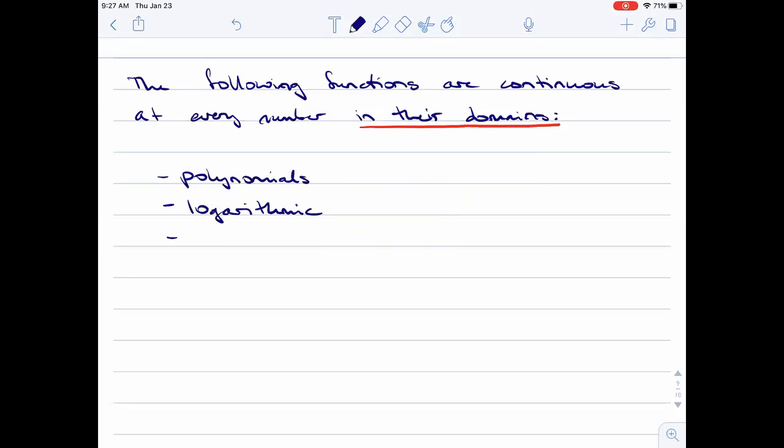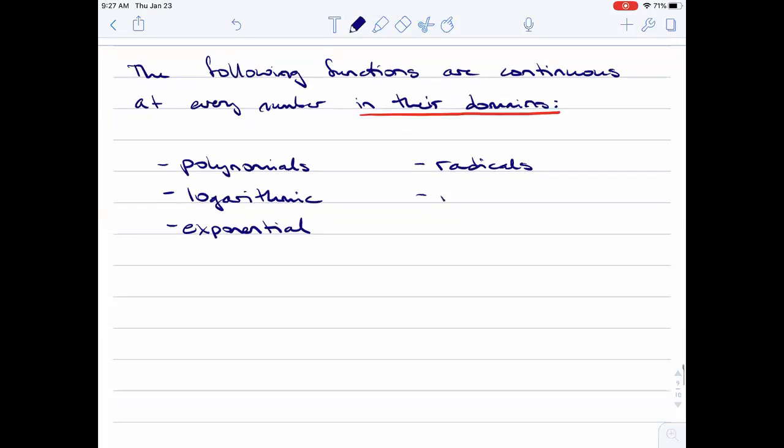Logarithmic functions, exponential functions, radicals, rational functions, trig functions, trigonometric, and inverse trig functions.